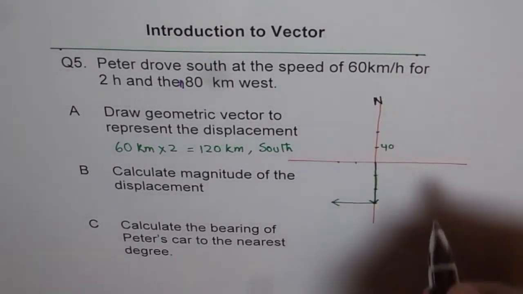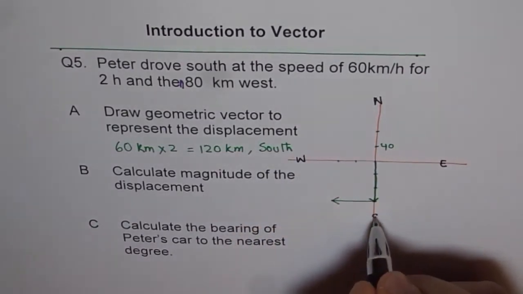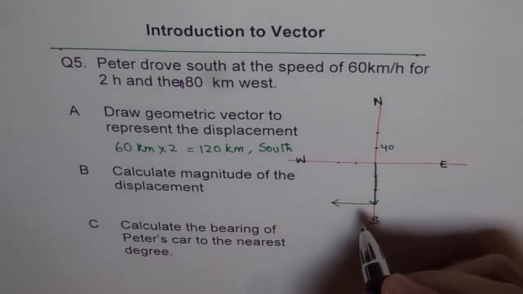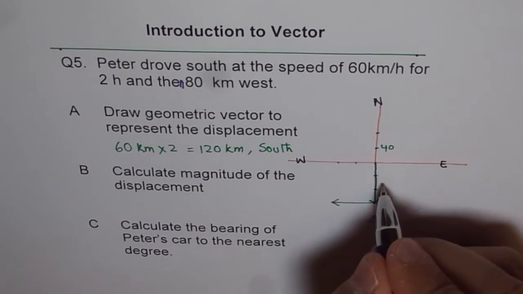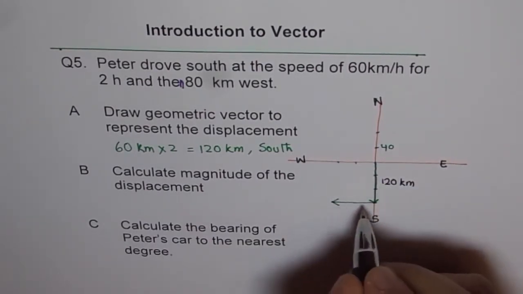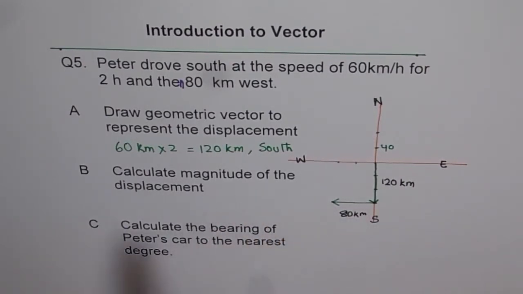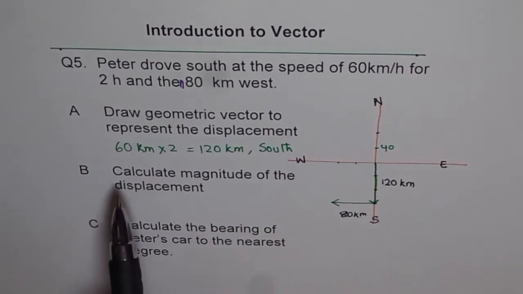We have north here. Now it is assumed east-west. You may not write it always. And that gives us 120 kilometers. And this is 80 kilometers. So that is draw a geometric vector to represent the displacement, right? So that is your displacement.